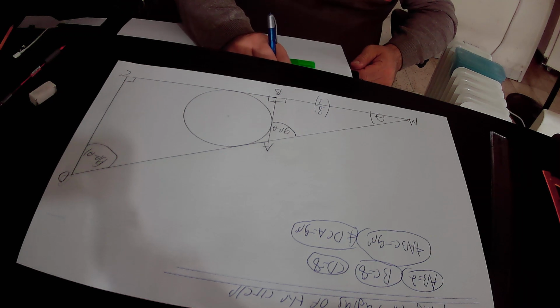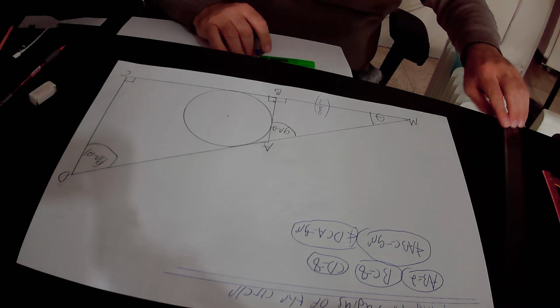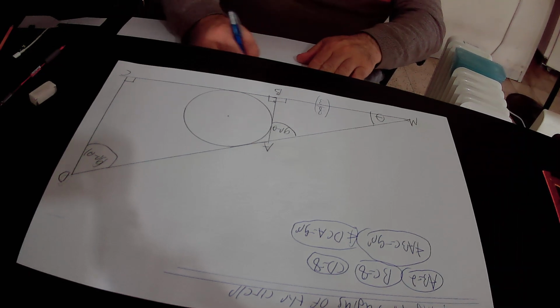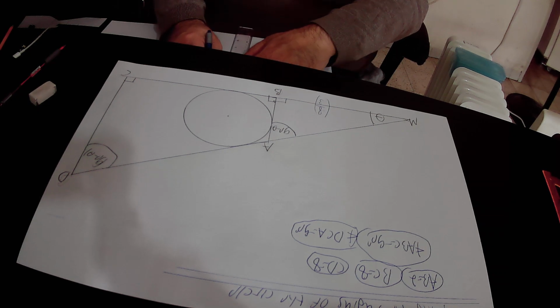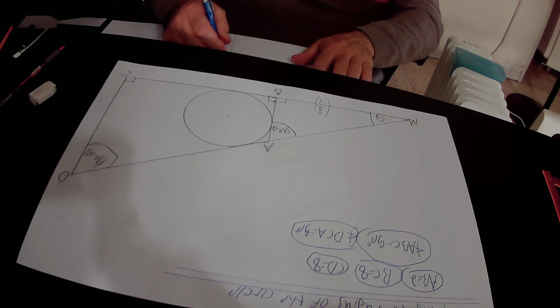Here PT is an abbreviation for Pythagoras theorem. According to the Pythagoras theorem, in any right triangle, the square of the hypotenuse equals the sum of the squares of the perpendiculars.